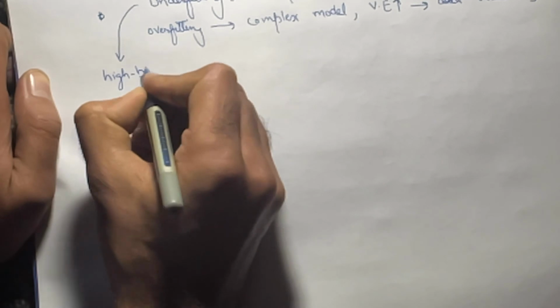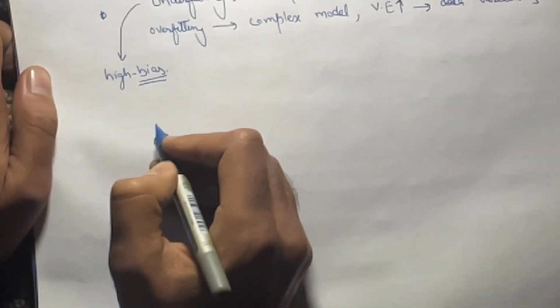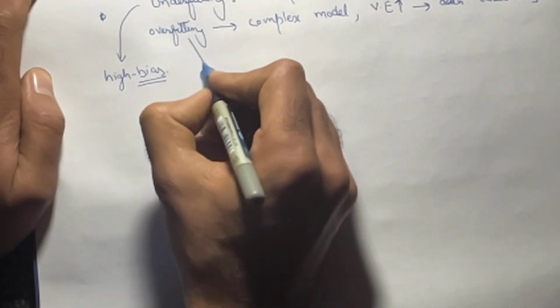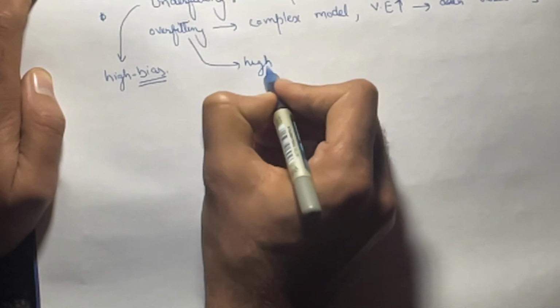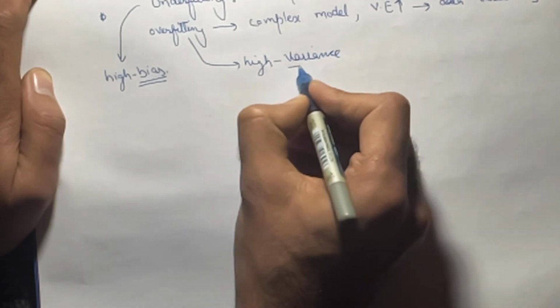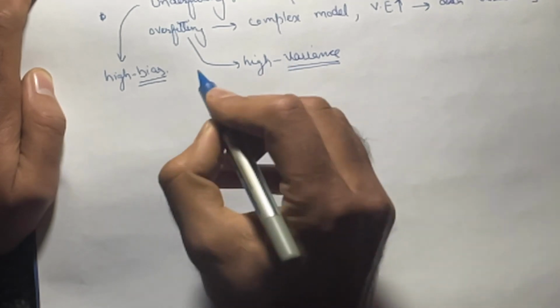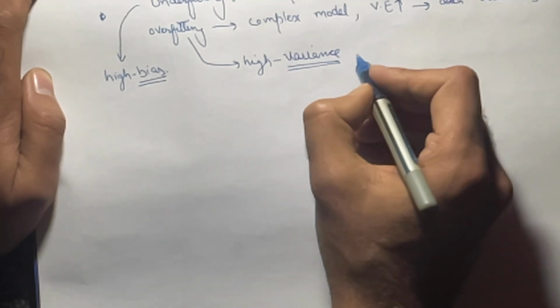Why high bias models? Because the errors are very high, bias is very high. Okay, and these are called high variance models. Why high variance? Because the variations of the models in comparison to the best model are very high.